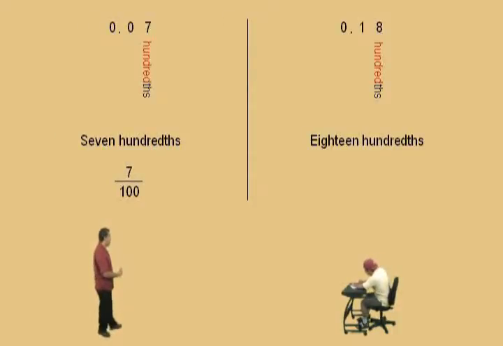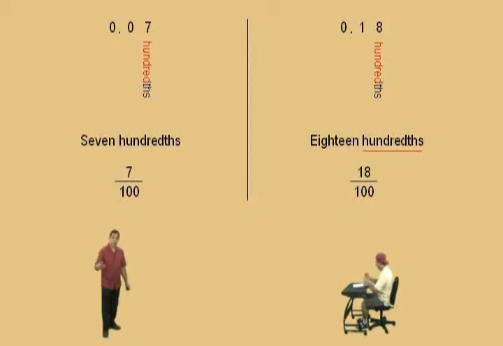And as a fraction, it's 18 over 100. Now, you could reduce that fraction to 9 over 50 if you'd like, but right now, we're just trying to write the decimals as a fraction whose denominator is a power of 10, right? Because decimals are fractions whose denominators are powers of 10. 100 is 10 squared. We'll talk more about that later too.